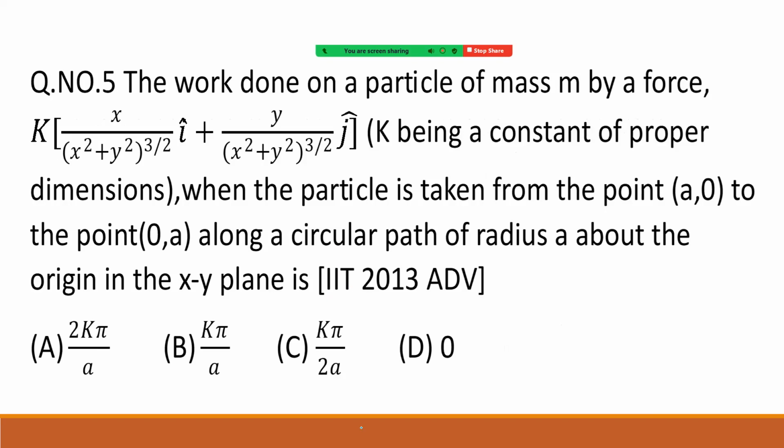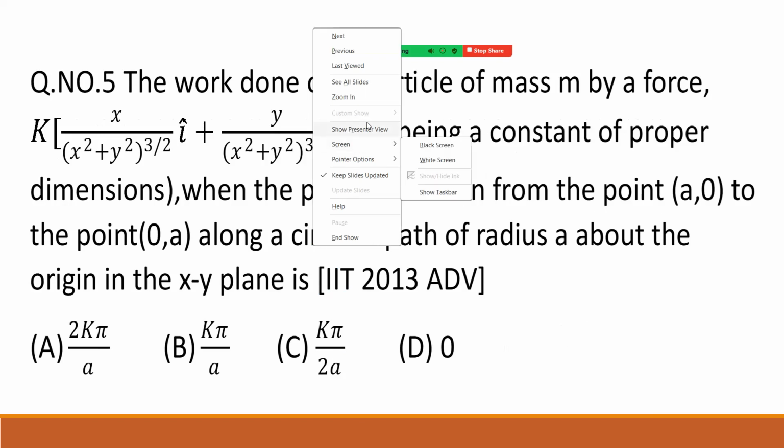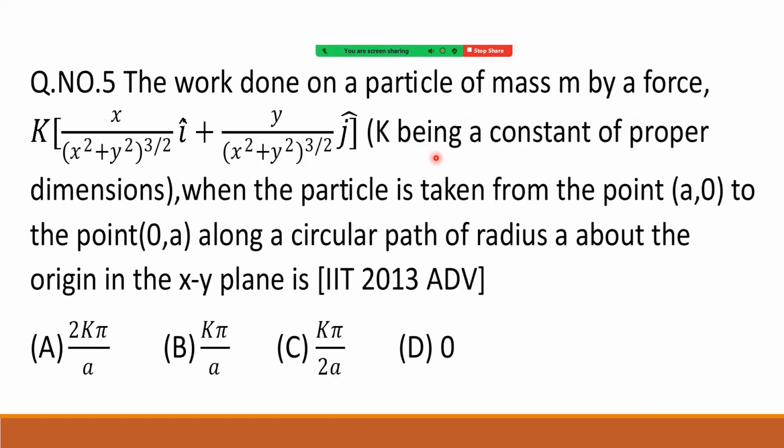This question was also given in the previous IIT 2013 Advanced. Let us see what is given. The work done on a particle of mass m by a force, k being a constant of proper dimensions, when the particle is taken from the point a comma 0, which is on the x-axis, to a point 0 comma a, on the y-axis, along a circular path of radius a about the origin in the xy plane.